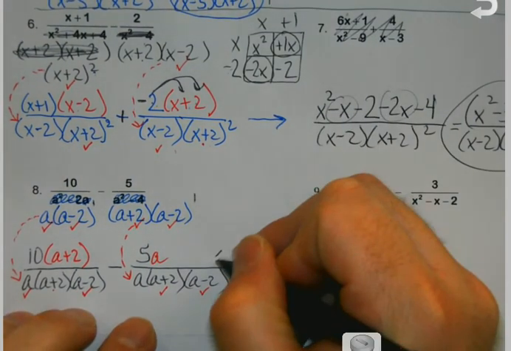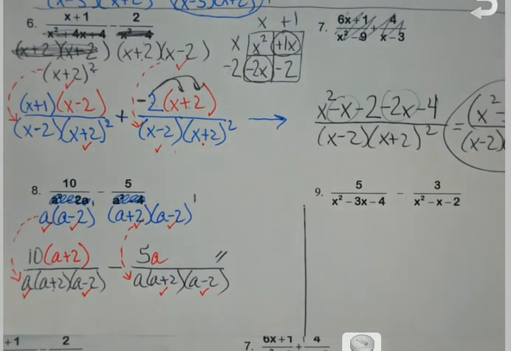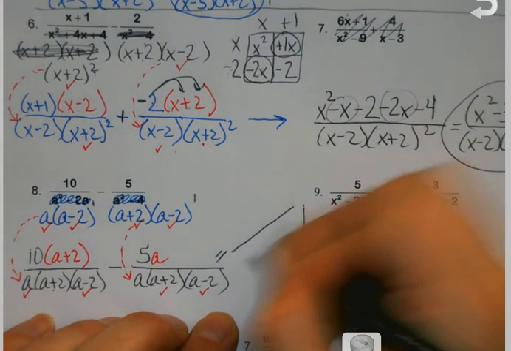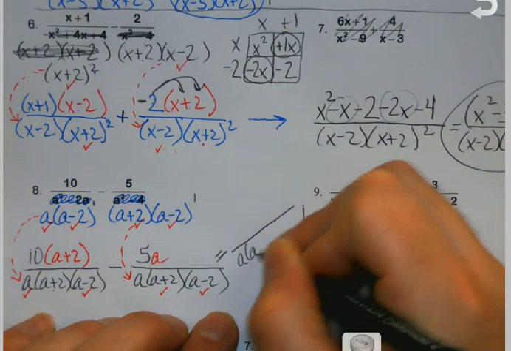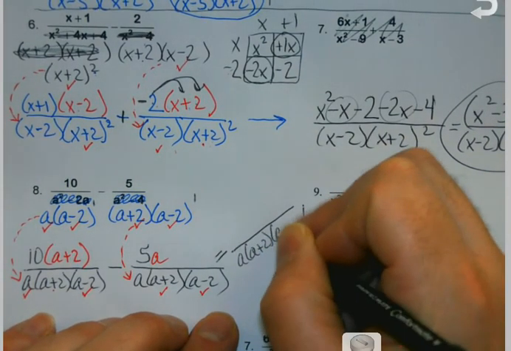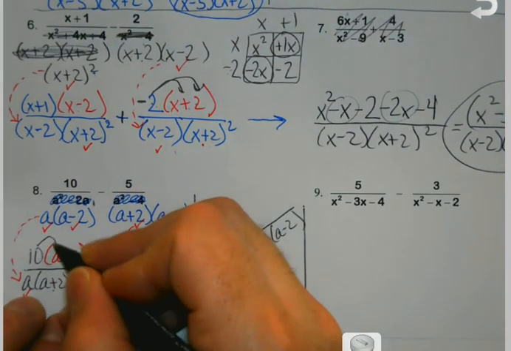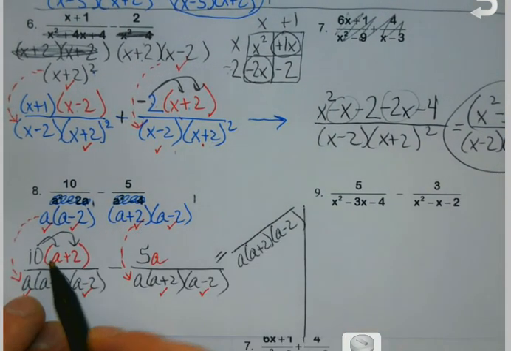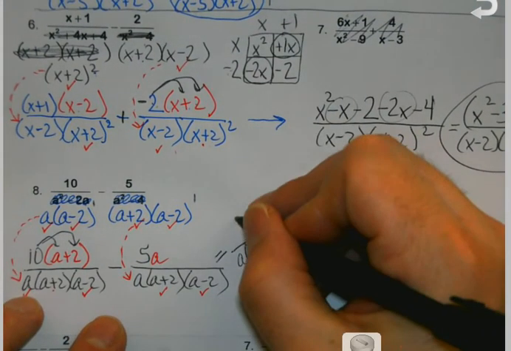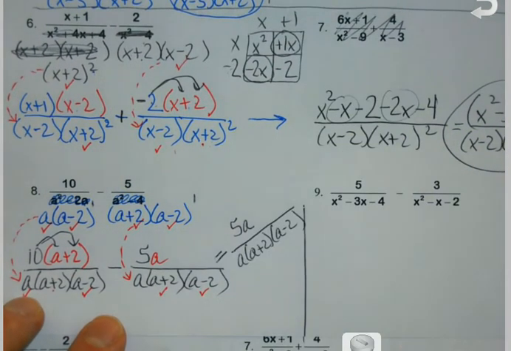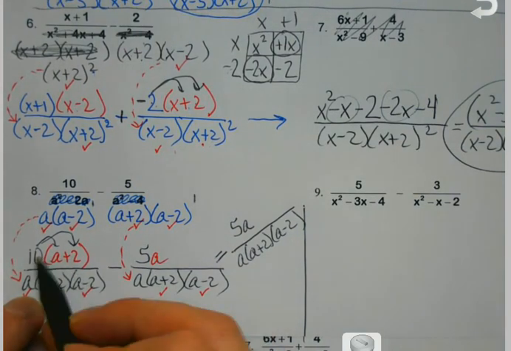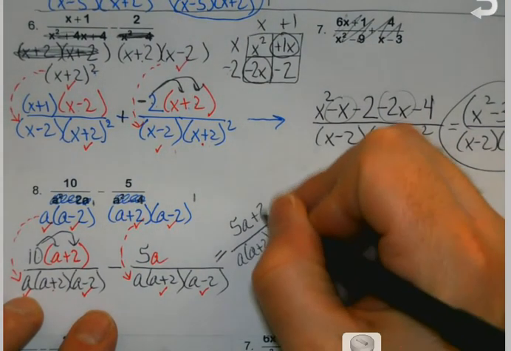So my last step is I kind of go up here diagonally to work up this way. And I look and I'm like, okay, I got 10a here minus 5a is 5a. 10 times 2 is 20.